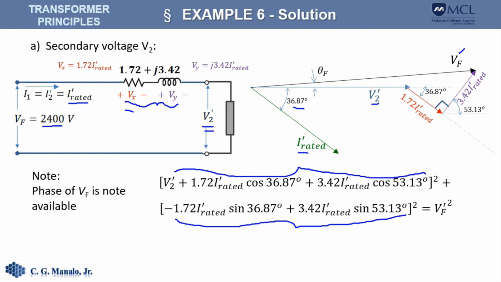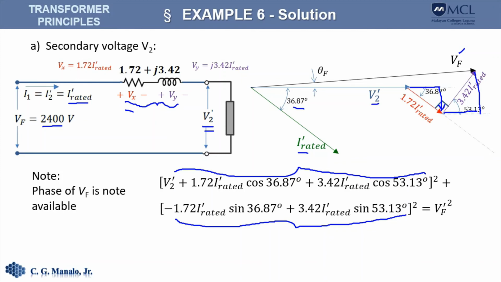So the vertical component of V sub x is this one, while the horizontal component is that one. The vertical component of V sub y is this one, and the horizontal component of V sub y is that one.